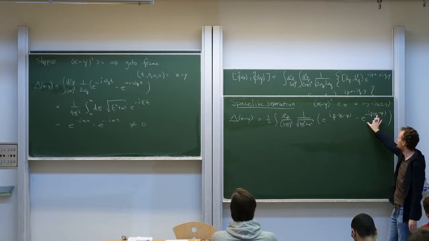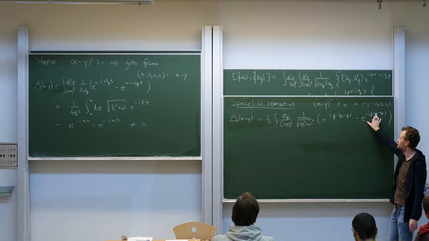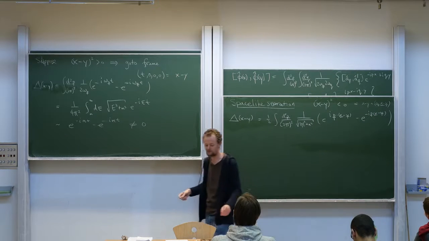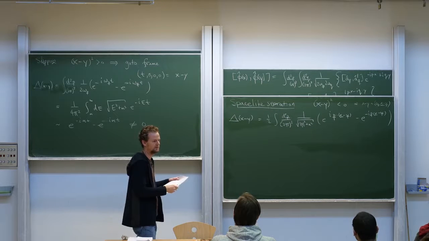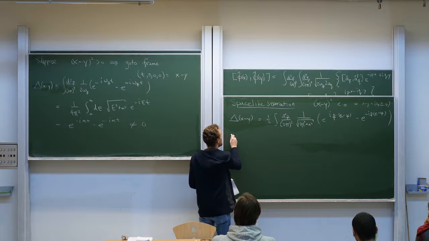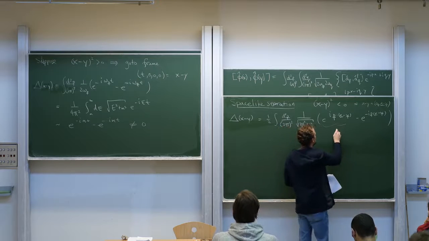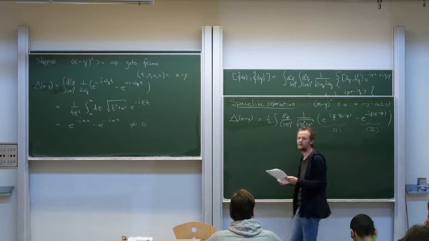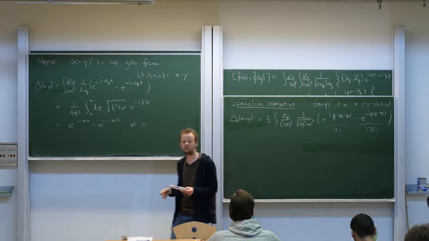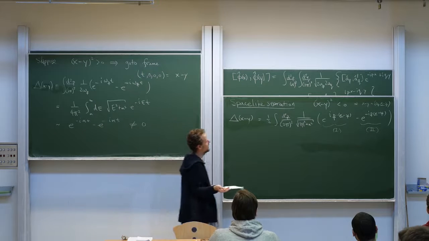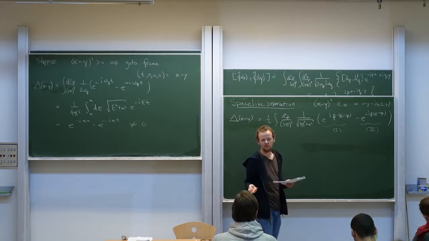But we're free to go to different frames for the second integral here, to see if we can express this in a form where it's manifestly 0. So we'll call this first term I, this one II. Now it turns out, because we can do a continuous Lorentz transformation that connects x minus y with minus x plus y.